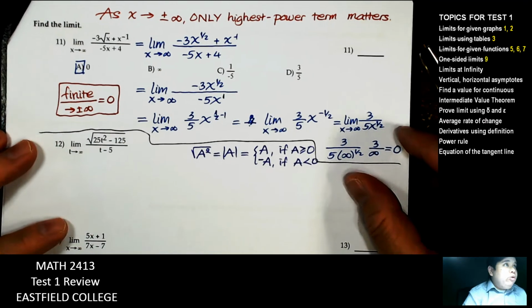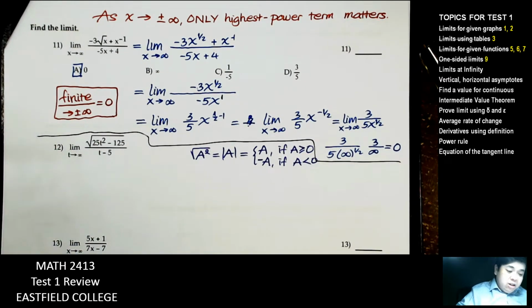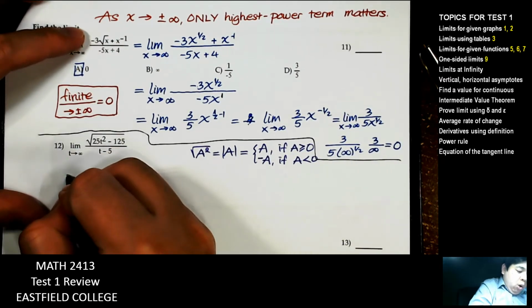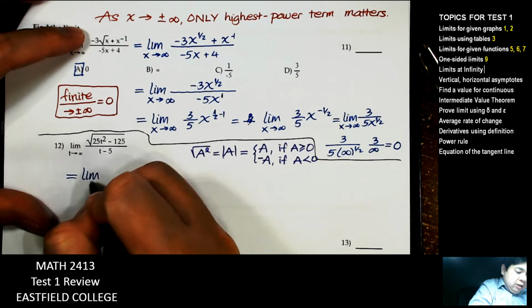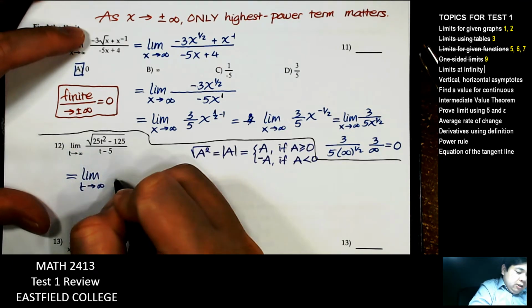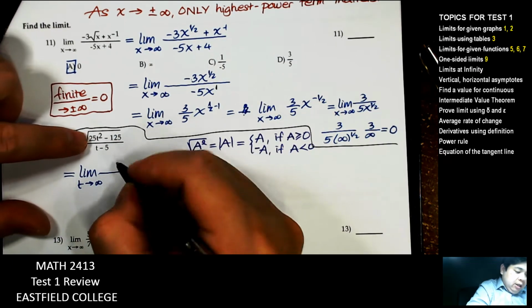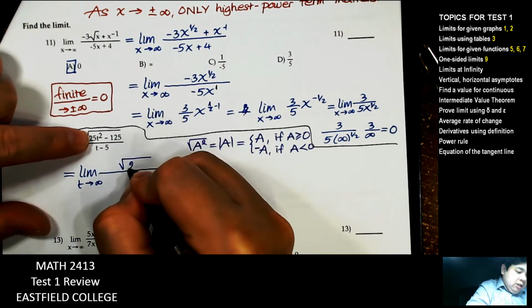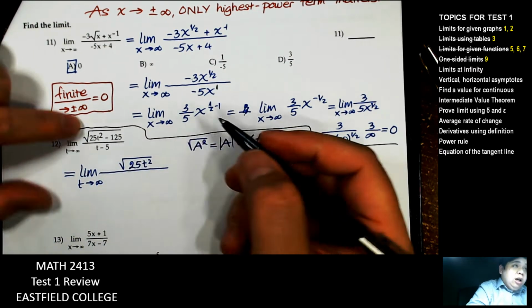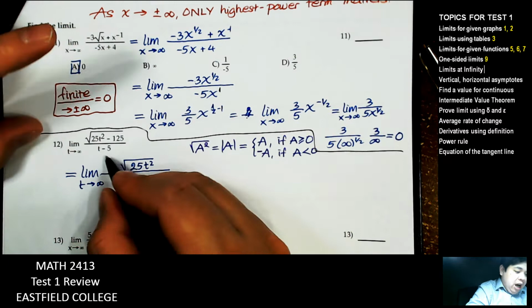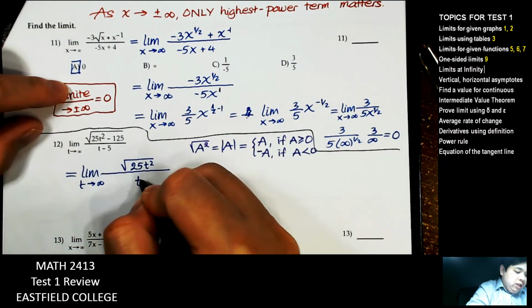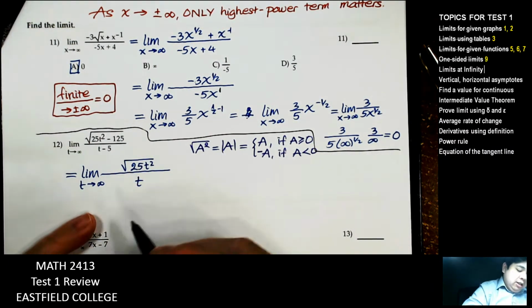Right. So the first thing we do is exactly like that. We take the one with the highest power. The bottom, I will take the highest power of those two, which will be t.